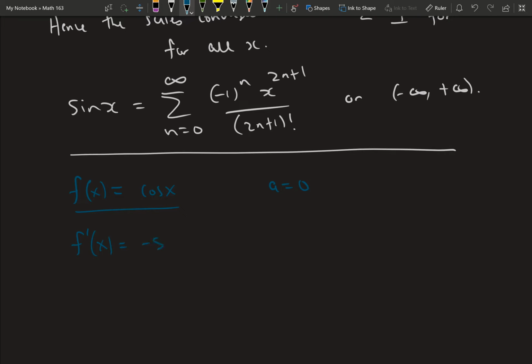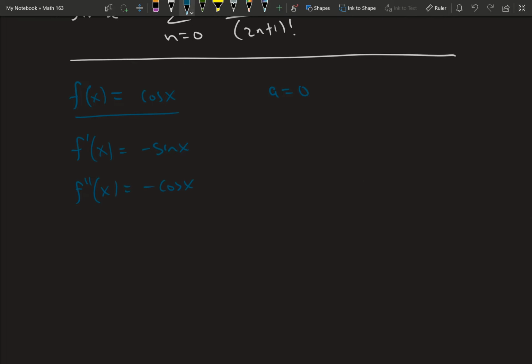F prime is negative sine. F double prime is negative cosine. F triple prime is sine. And again, once we get to the fourth derivative, we get back to cosine.